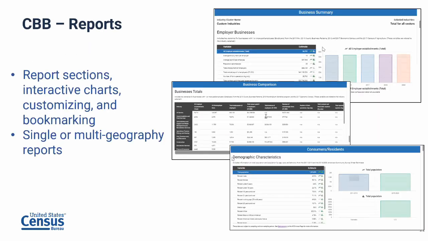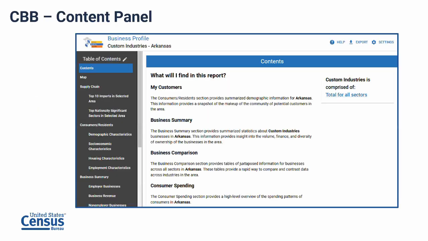The charts in each section of the report are interactive, and users can select which variable to graph via the icons next to the variable. The local business profile report provides access to the margins of error for demographic data. It is a fully interactive, customizable, printable, and downloadable report with direct access to specific sections via a content panel.